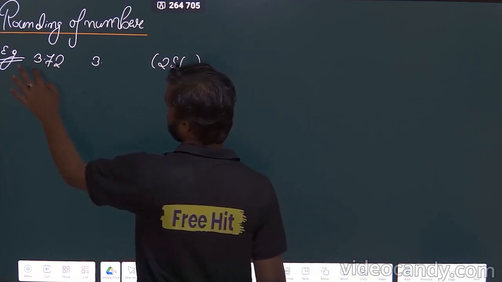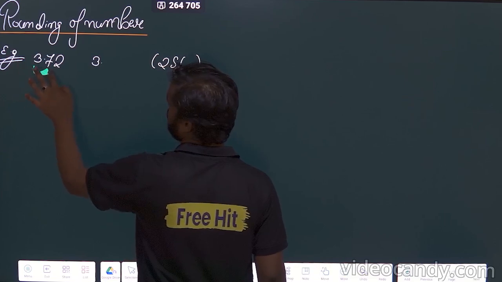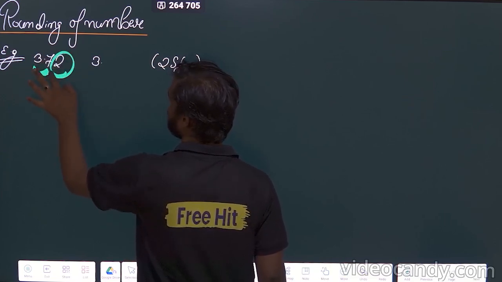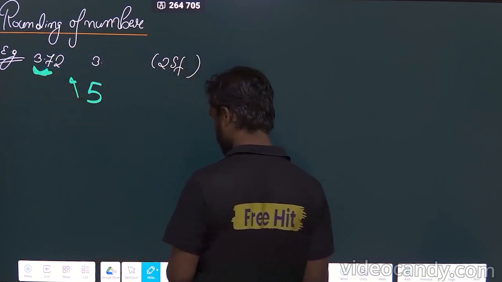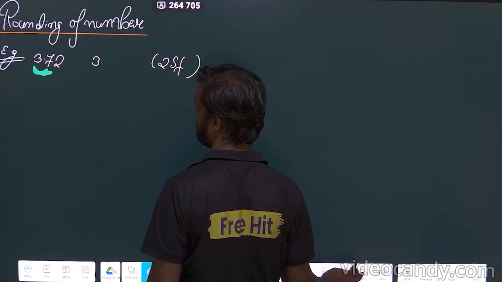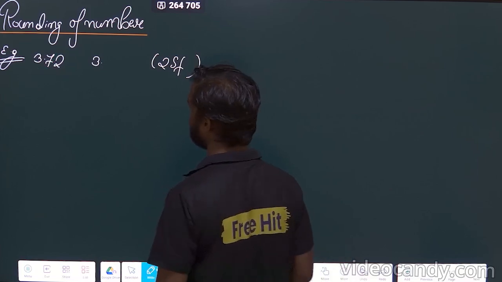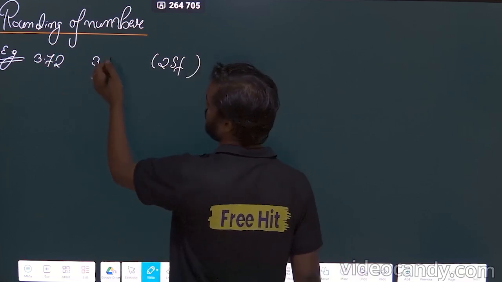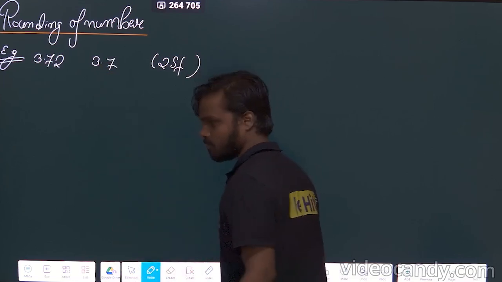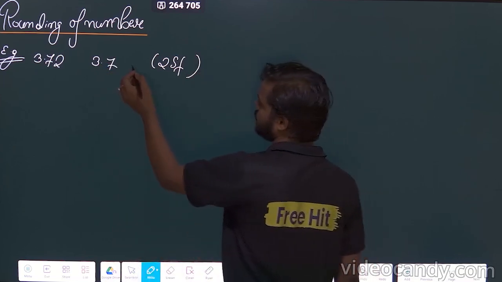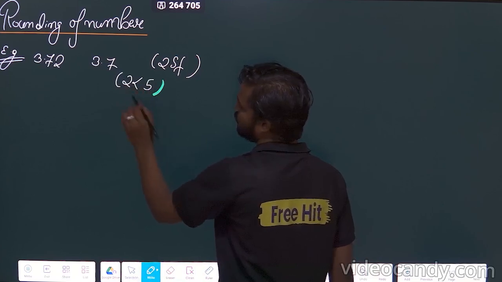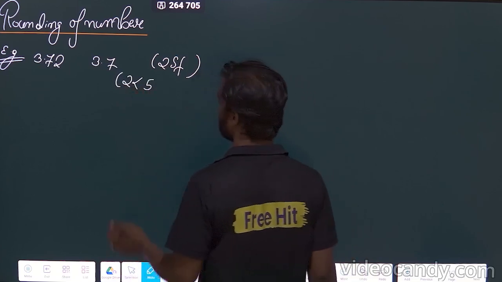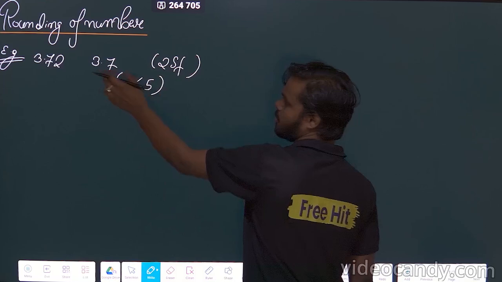Two significant figures means 3 and 7, these two you keep. If the next number is less than 5, then I have to write it as it is. So if my 2 is less than 5, I can write it directly as 3.7.